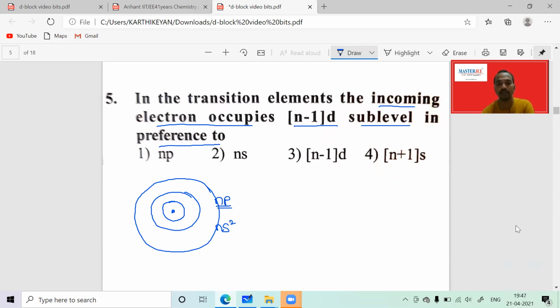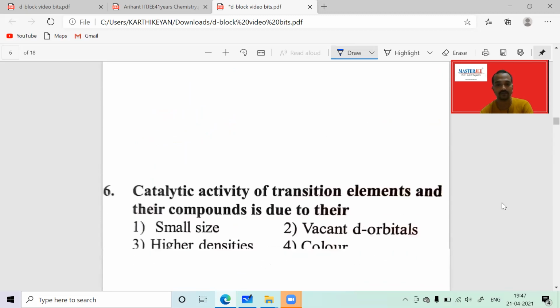But in preference to the np level, the electrons are choosing the n-1d level. After filling n-1d only, it will occupy the np level. That means in the transition elements, the incoming electron occupies the n-1d sublevel in preference to np.